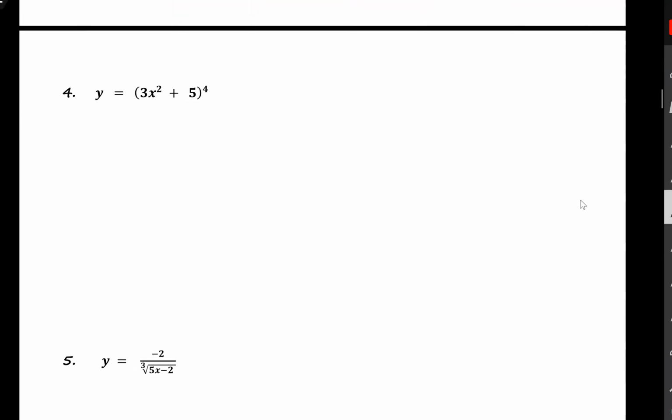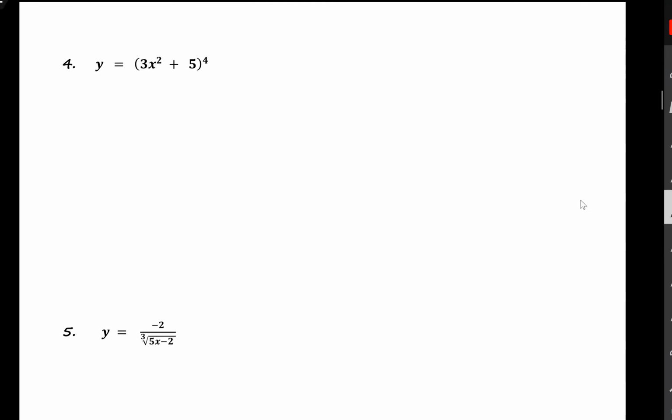So this one we have to be careful here. I have a function 2x squared plus 5, all of it raised to exponent 4. So in this case, I have a function raised to a power, and it's a power of 4. This binomial raised to this exponent 4 is not easy for us to expand.